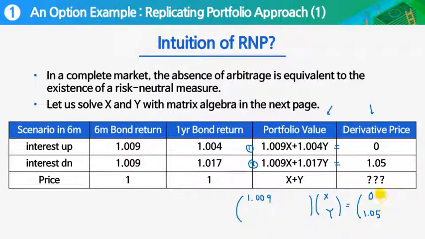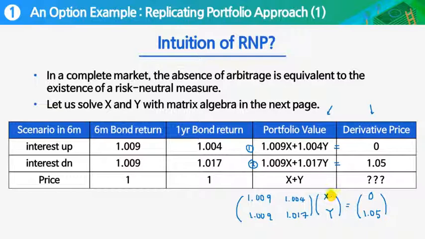And for this matrix, of course, we have 1.004, 1.009, 1.017, right? So you can do this matrix algebra.